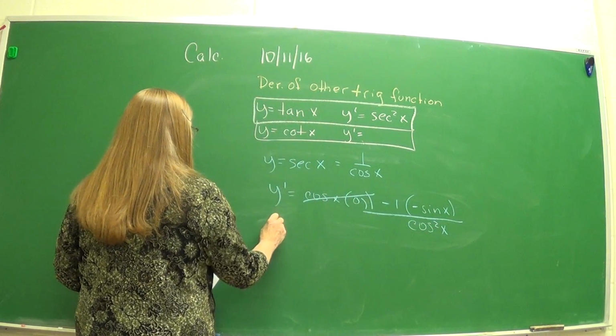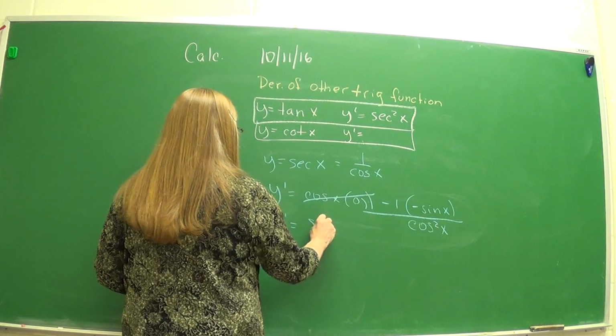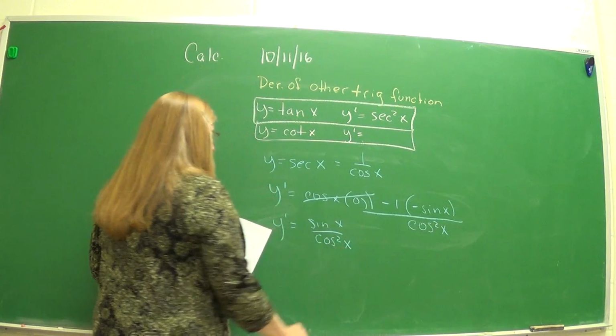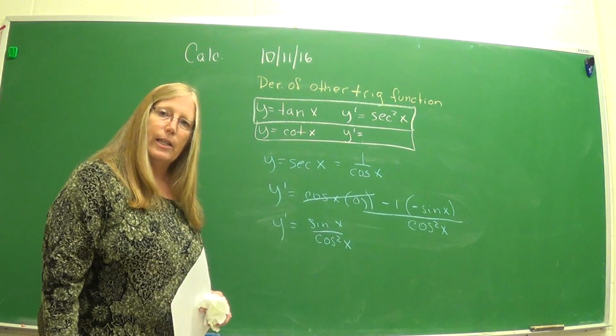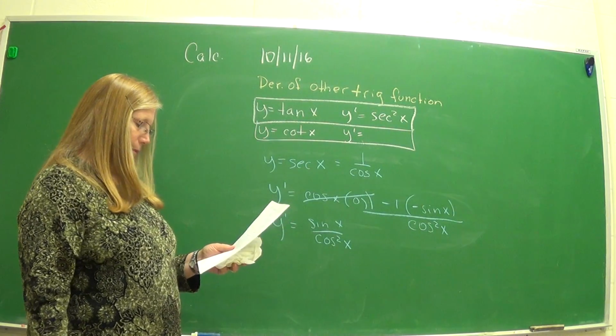Simplified, that is positive sine x over cosine squared x. And again, we want to try to get the fraction sign out of there.